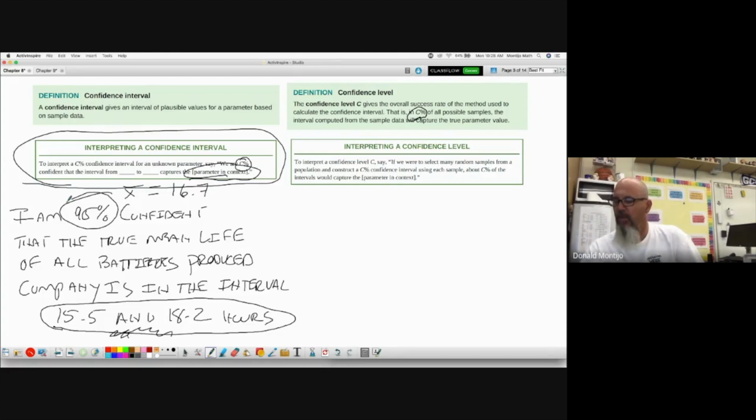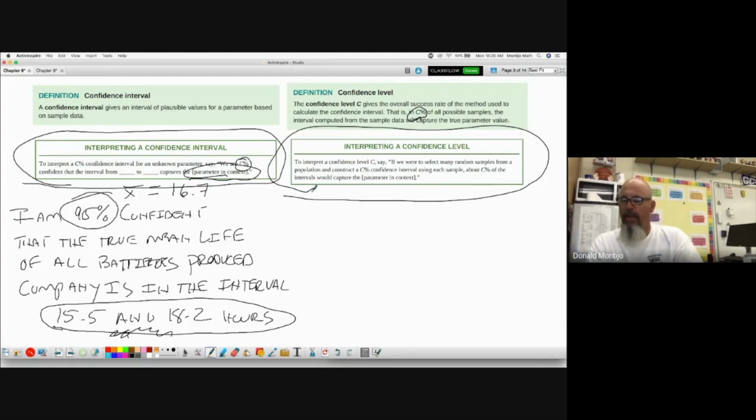So if you look down here in the green rimmed box, it's going to give us a sentence frame once again. To interpret a confidence level C, we say if we are to select many random samples from the population and construct a confidence interval using each sample, it's the percent of the intervals that would capture the true population parameter.